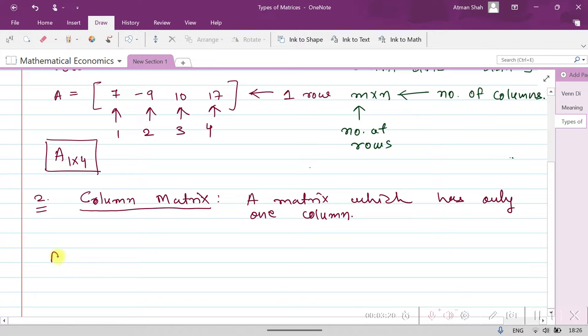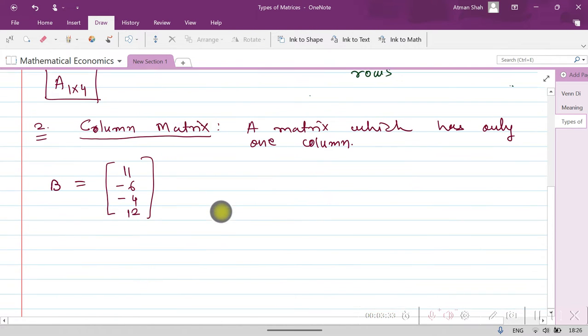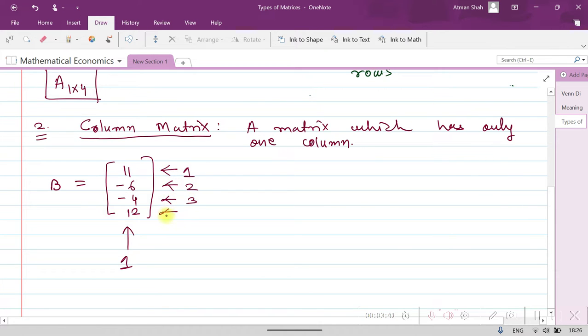See this example. Suppose we have matrix B 11 minus 6 minus 4 12. Now here you can see we have only one column but there are 4 rows 1 2 3 4. So what is the order of this matrix? The order of this matrix is 4 cross 1.